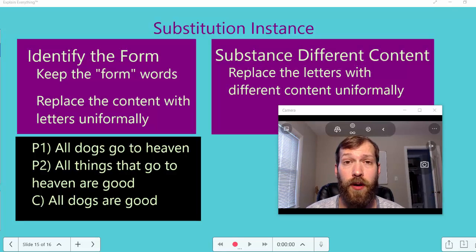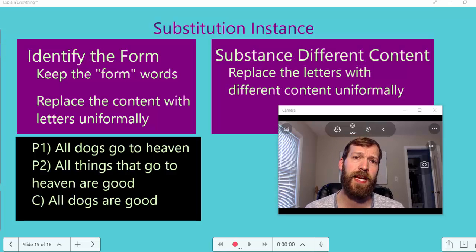We have no and are as being our form words. Our content words are going to be snakes and mammals. So what we would do is we keep those form words. So in this case, we would keep no and we would keep are, and then we would replace the content with letters. So if we used snakes and mammals, the best letters probably would be no S are M.